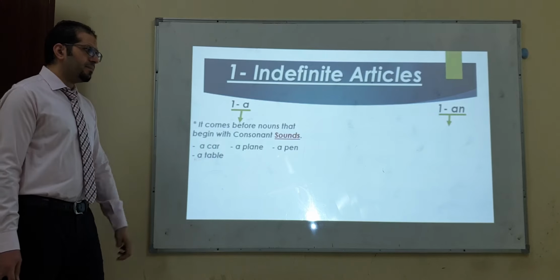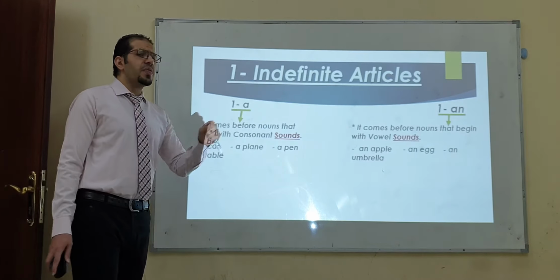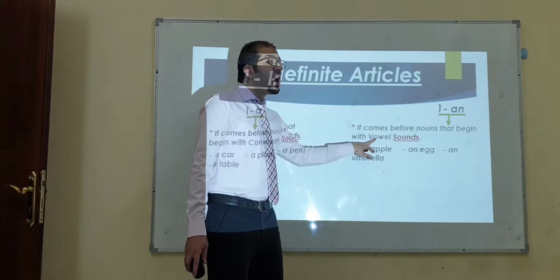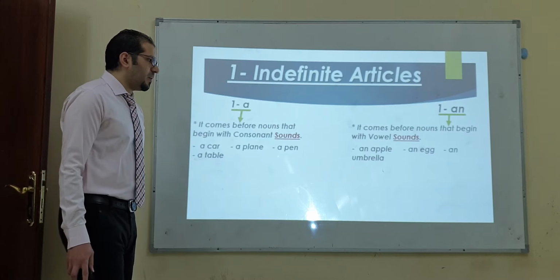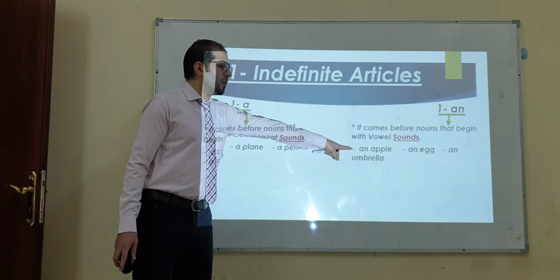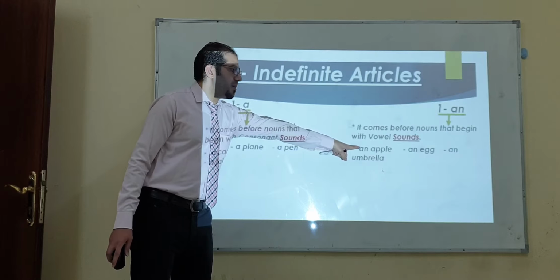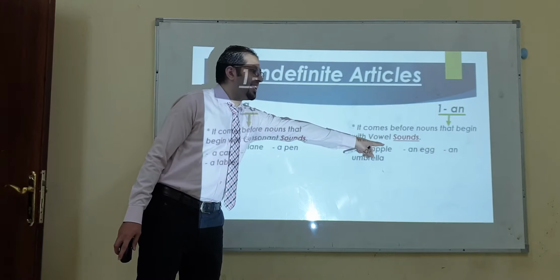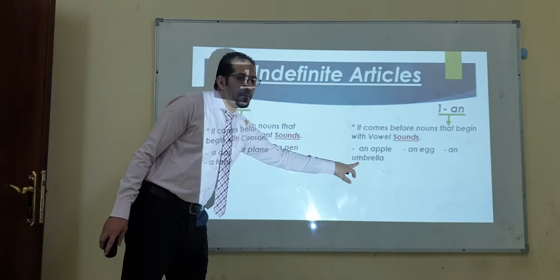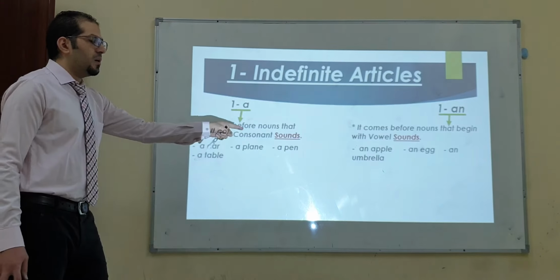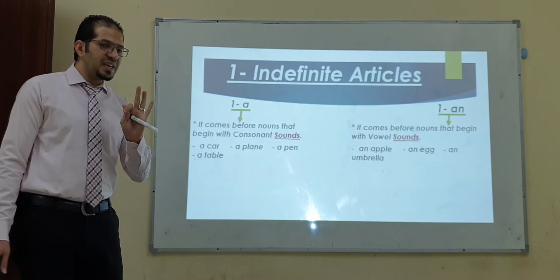But an is used before nouns that begin with vowel sounds. Like here, an apple, an egg, an umbrella. Vowel sounds.